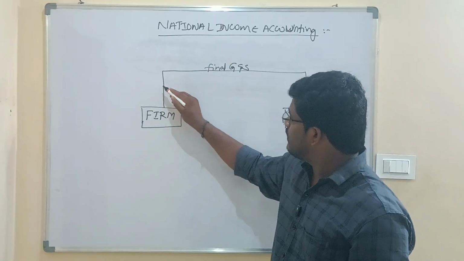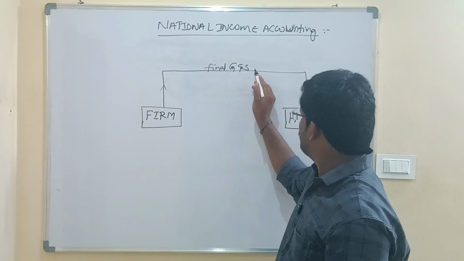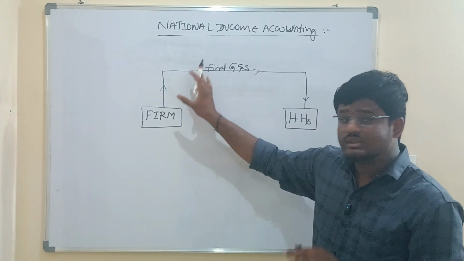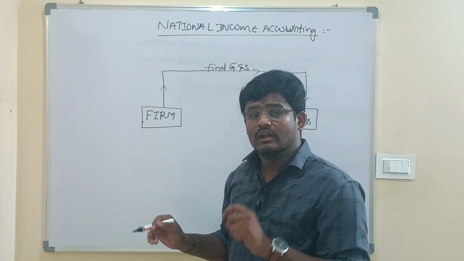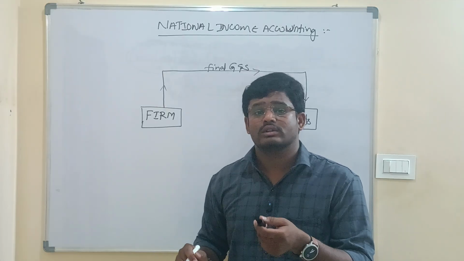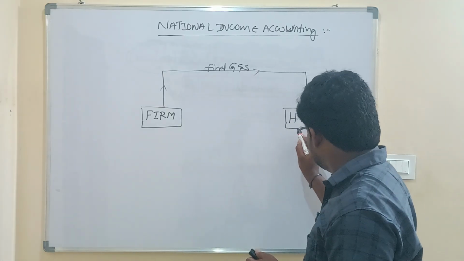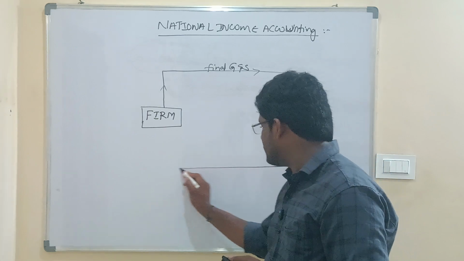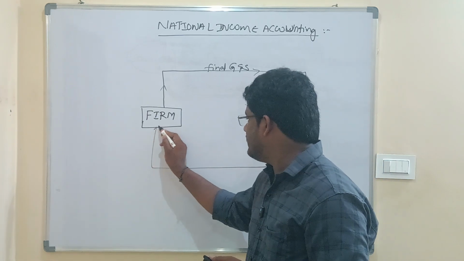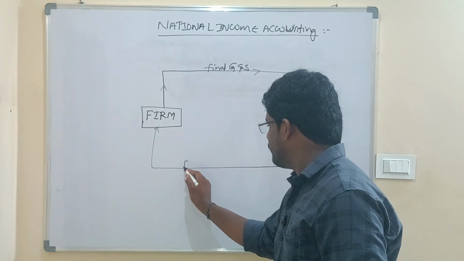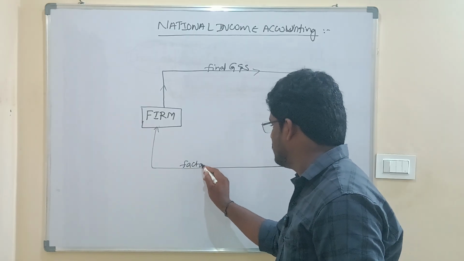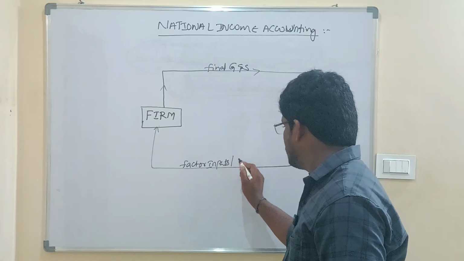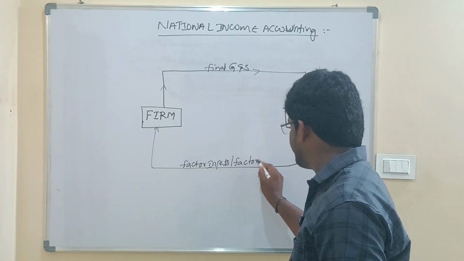Now you can point the arrow towards the direction of the households. Now to produce these final goods and services, what will the households do? Households supply certain inputs, and these inputs are known as factor inputs. Factor inputs are also known as factors of production.